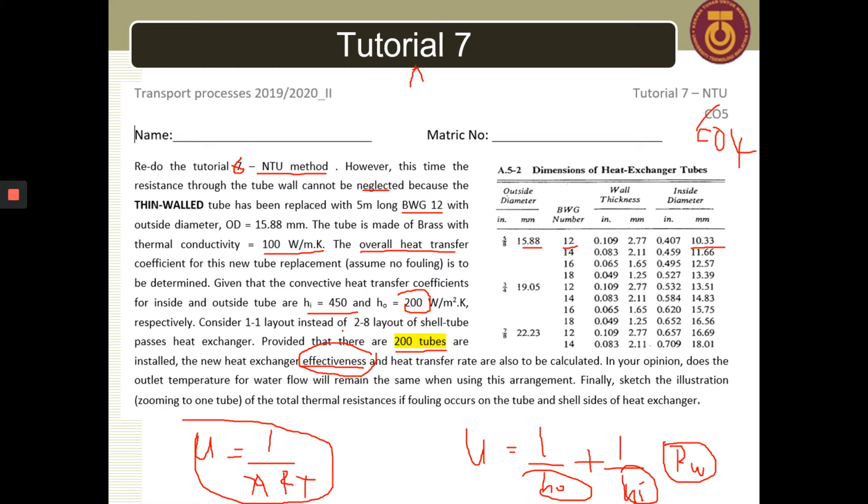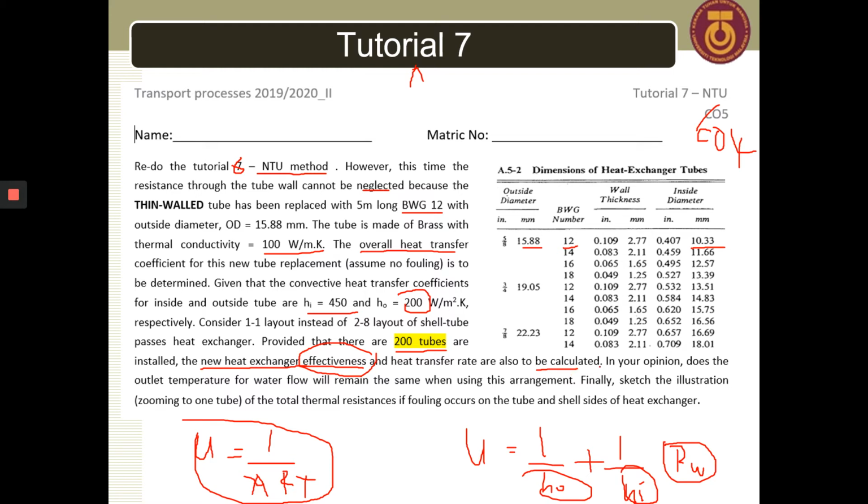But if you do this in a group of 5, each of you does one part, so you can finish each task at the same time, which means you are more effective in this way. So we assume that if you have more tubes than one, then the effectiveness will also increase. Therefore, you need to calculate the new effectiveness. If the effectiveness increases, the rate of heat transfer will be different also, so this also needs to be calculated.